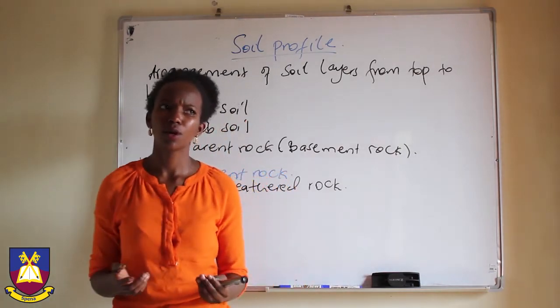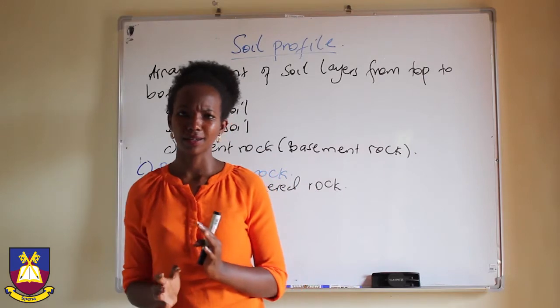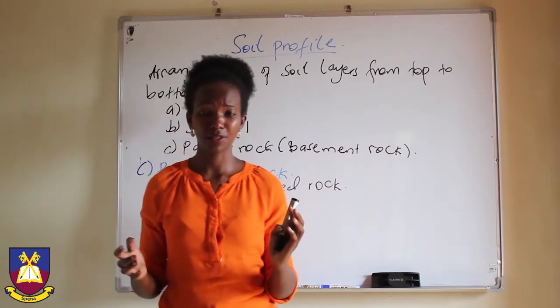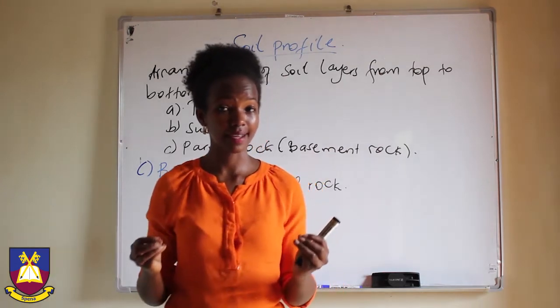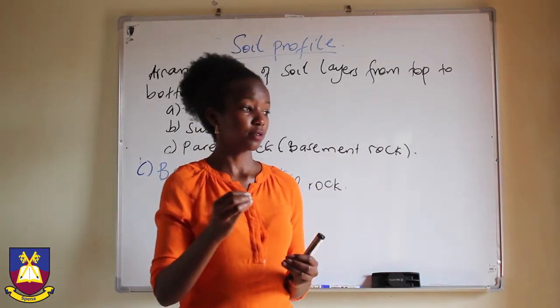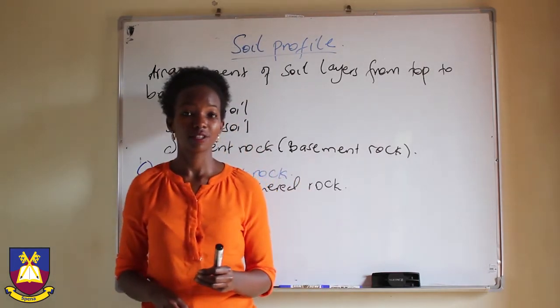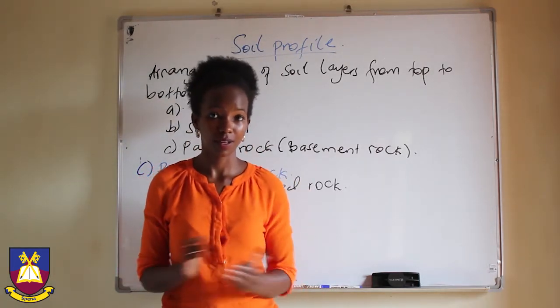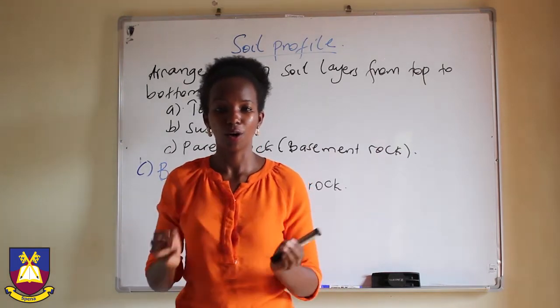Do you know some soils are very black? Some soils are not very black. Some soils have a lot of minerals in them. Some soils don't. Some soils are really red, and those are all because of the parent rock. Just as you know that different stones have different colors because of the rock from which they were hewn.